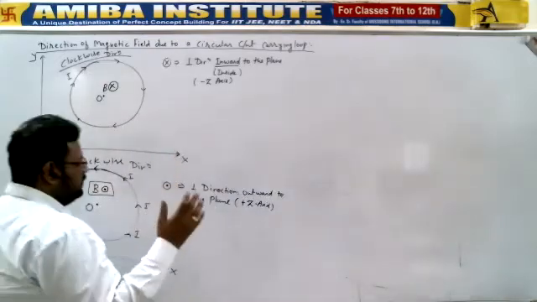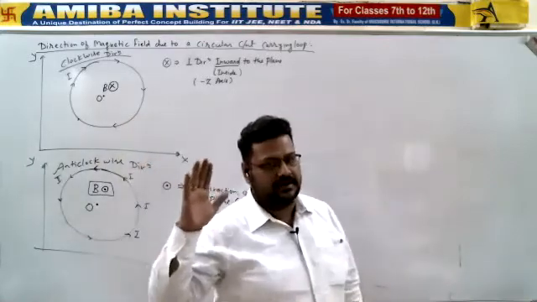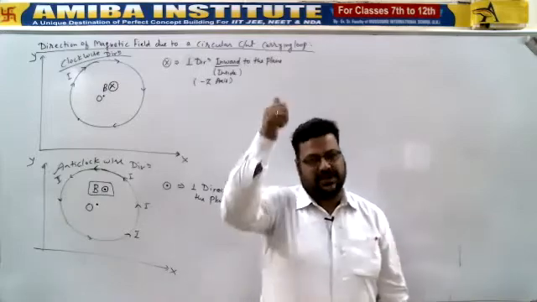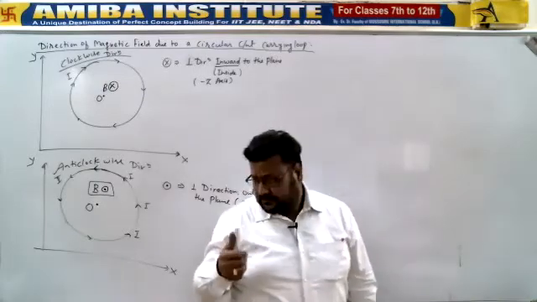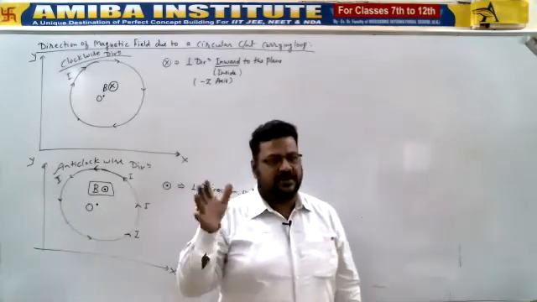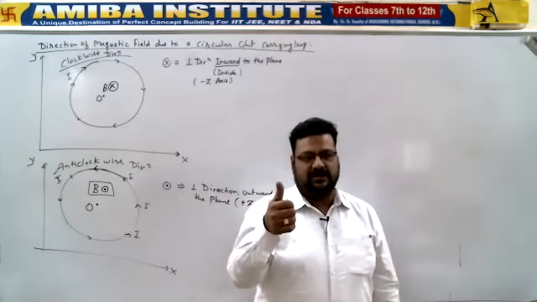You need to take your right hand. This is again the right hand rule. The right hand thumb rule was used to find the direction of magnetic field due to a straight wire, in which we keep our thumb in the direction of the flow of current, and the curling of the fingers represents the direction of the magnetic field, right?